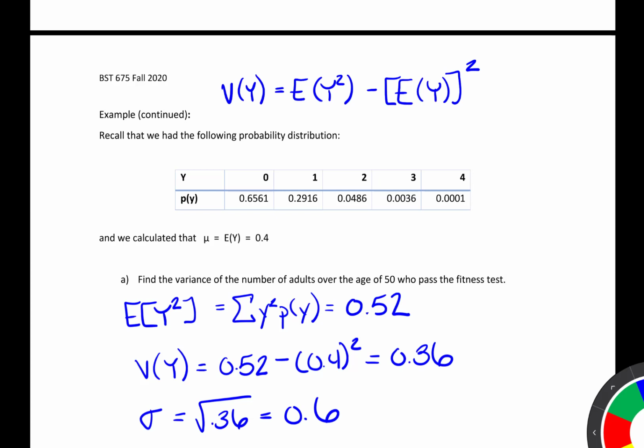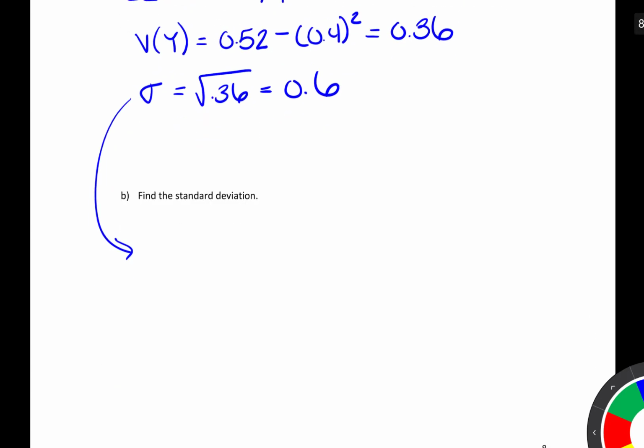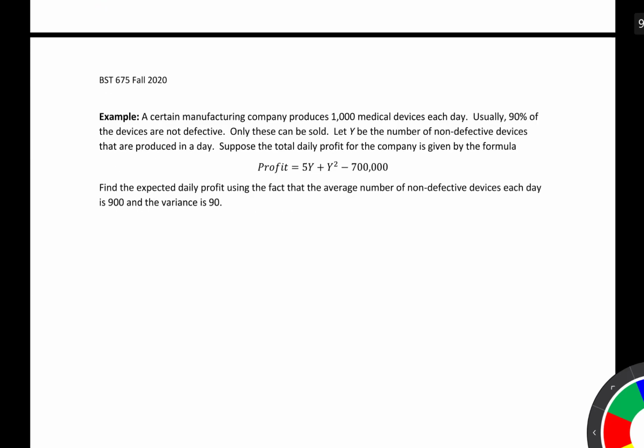And so this way is usually much easier to calculate than using the longer formula. So there's the standard deviation right there. All right, one more example.